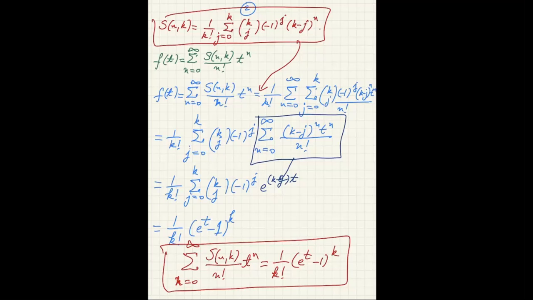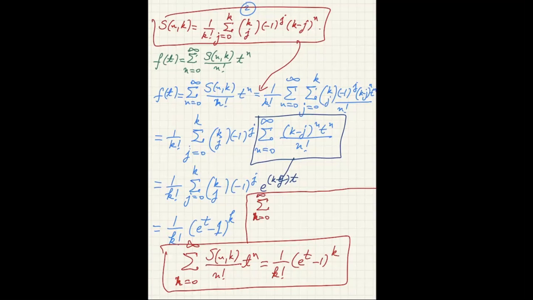And I won't prove it here, but from this result, using the previous results about the relation between the coefficients of these expansions, and the fact that the matrix containing the Stirling numbers of the first kind is the inverse of the matrix containing the Stirling numbers of the second kind, one can get the exponential generating function for the Stirling numbers of the first kind.